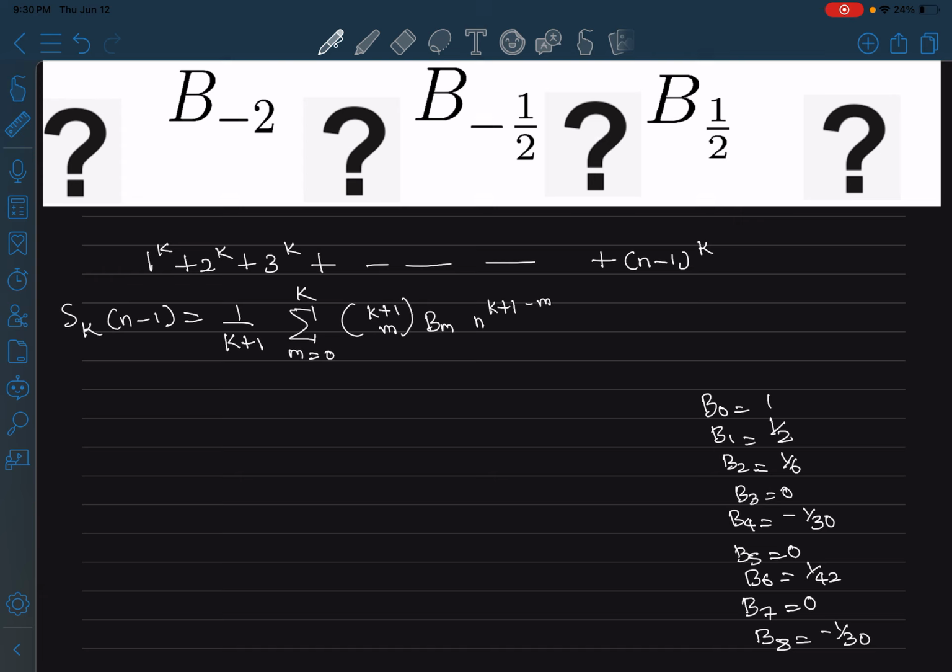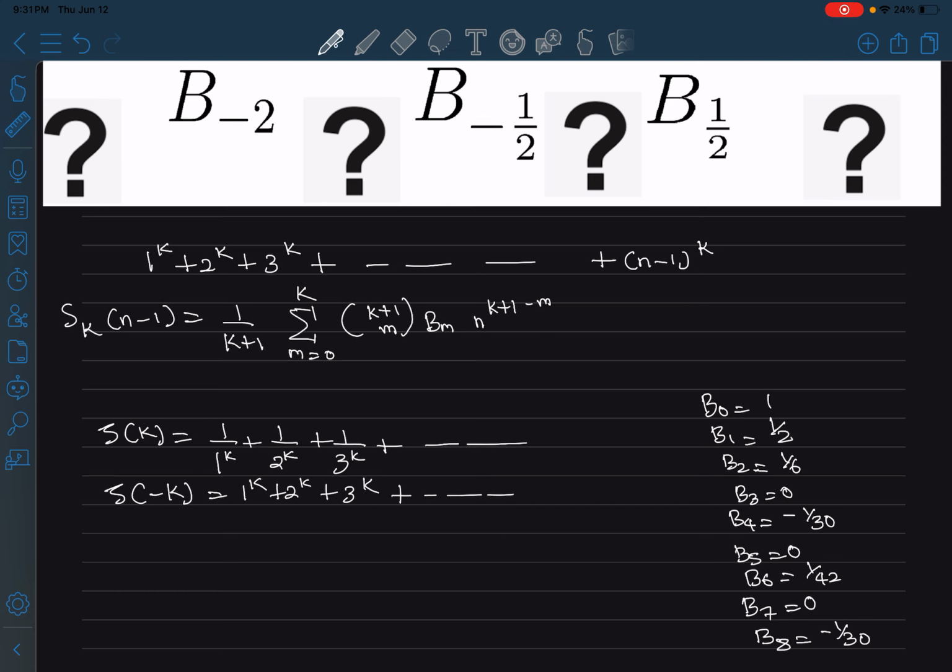First of all, before I go to Bernoulli numbers, maybe I can show you some connection between the Bernoulli numbers and the zeta function. I guess you know that zeta of k is 1 by 1 to the power k plus 1 by 2 to the power k plus 1 by 3 to the power k, and so on. If we are trying to find zeta of negative k, this just becomes 1 to the power k plus 2 to the power k plus 3 to the power k and so on.